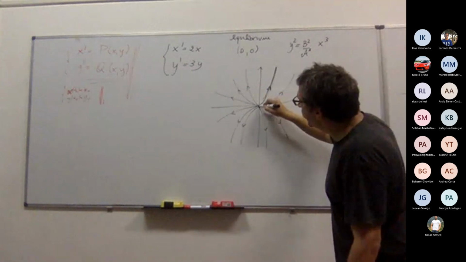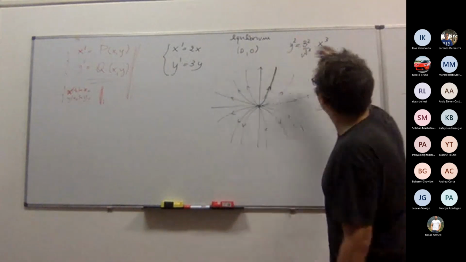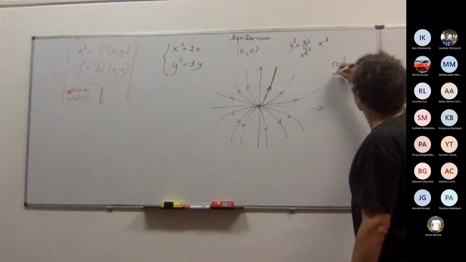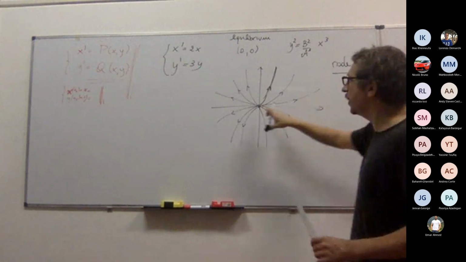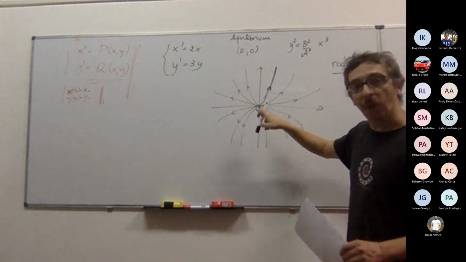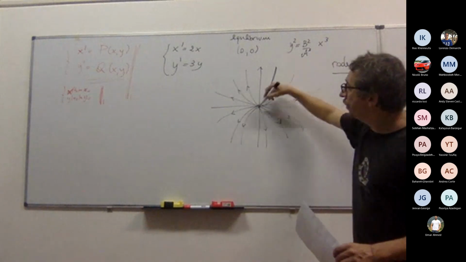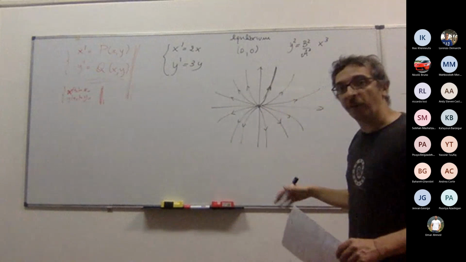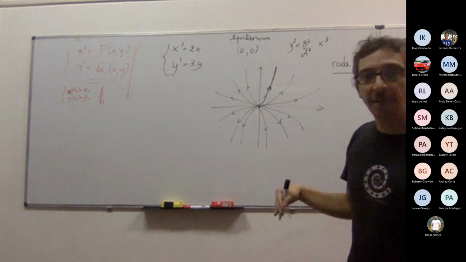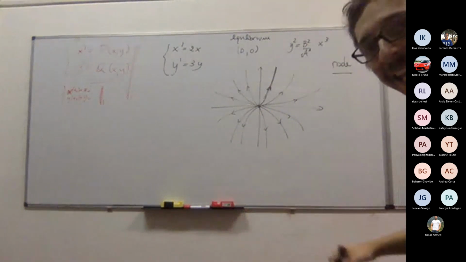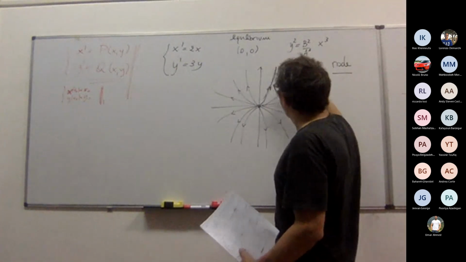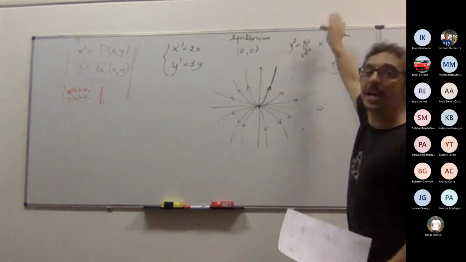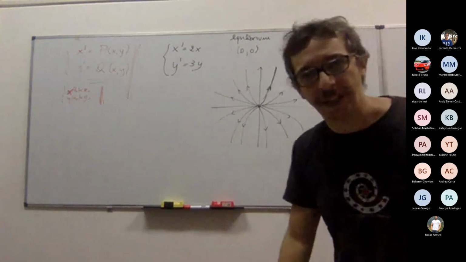So in this case, this critical point here, this 0, 0, is what is called a node. In this case, this is an unstable critical point because solutions are departing from it. They reach it at t that goes to minus infinity, and as time goes by, the orbits are going in the other direction with respect to the critical point.